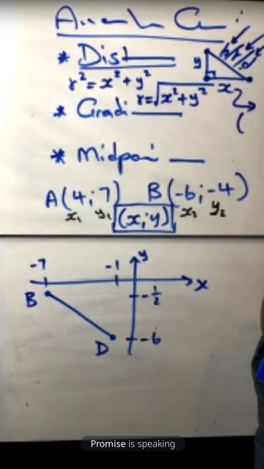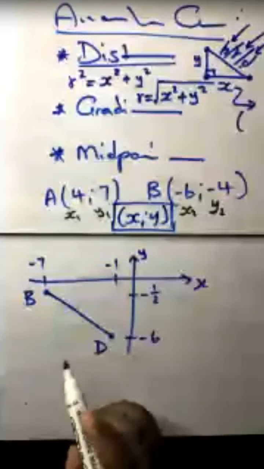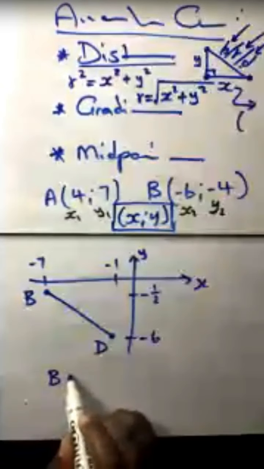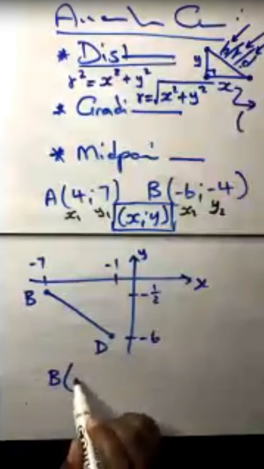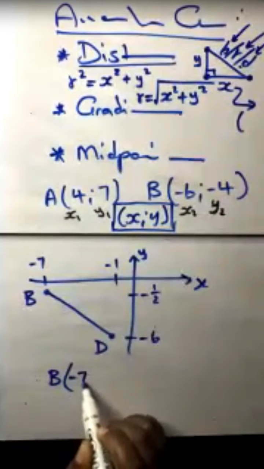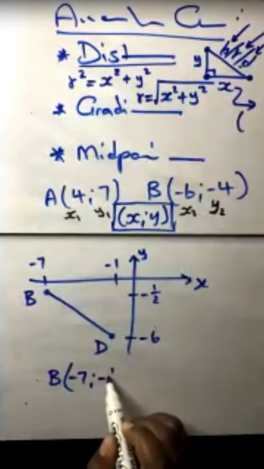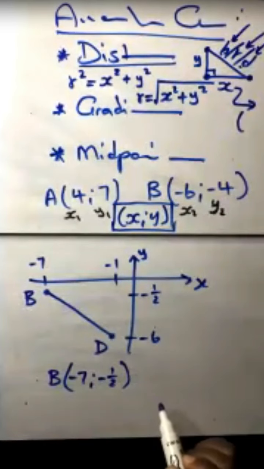It's -7, -1/2. So, you're saying x is -7, y is -1/2. Yes.